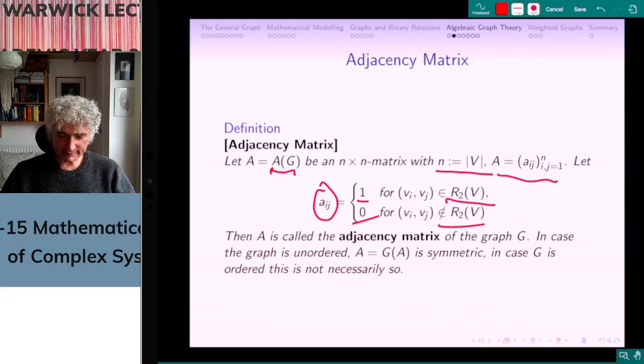Okay, so this is the adjacency matrix, and the adjacency matrix is symmetric in case the graph is undirected, and if it's a directed graph, so the binary relations are ordered, then the adjacency matrix is not necessarily symmetric. Please look at some examples you make up for yourself.